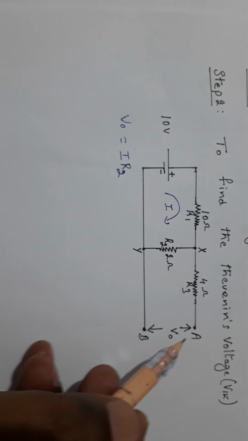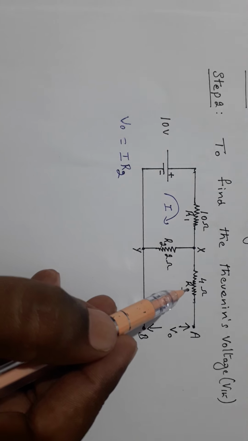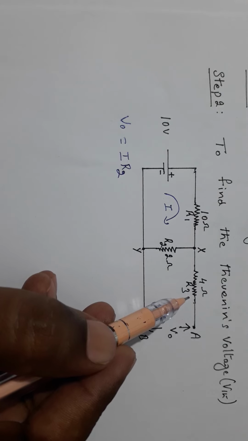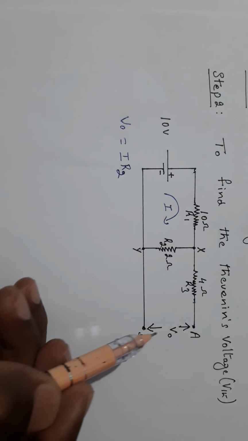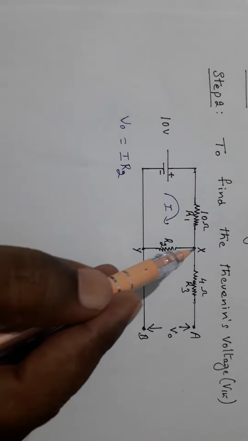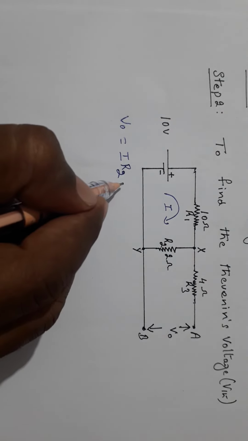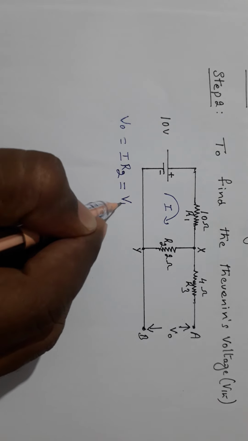So as the load is open, there is no potential drop across R3. Therefore, the potential difference between the two terminals A and B is same as that between X and Y. This voltage is called Thevenin's voltage, that means VTH.